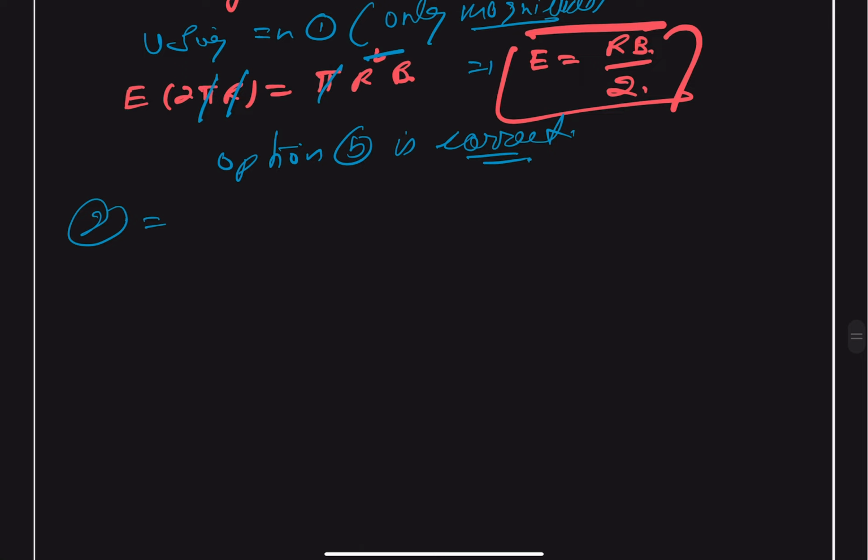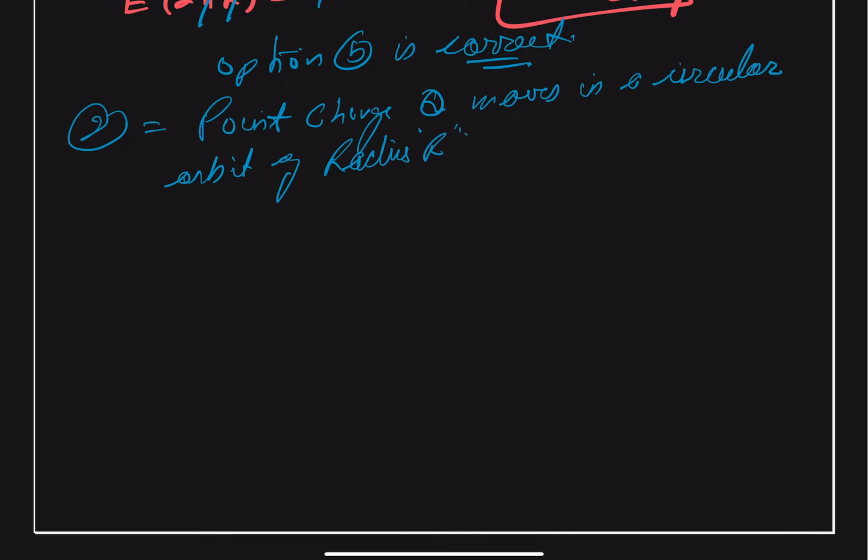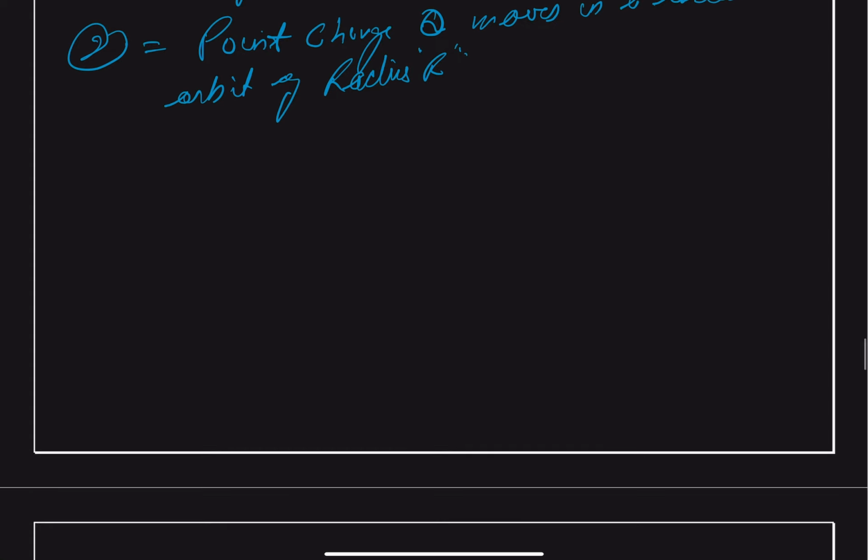So it is given that a point charge q moves in a circular orbit of radius r. We are also given the angular velocity, that is omega.